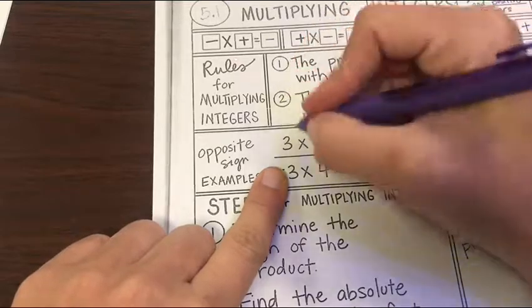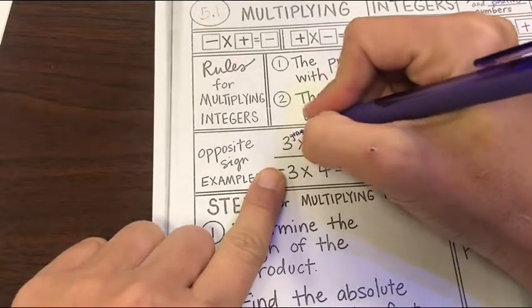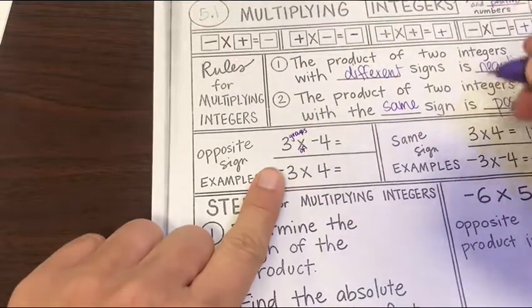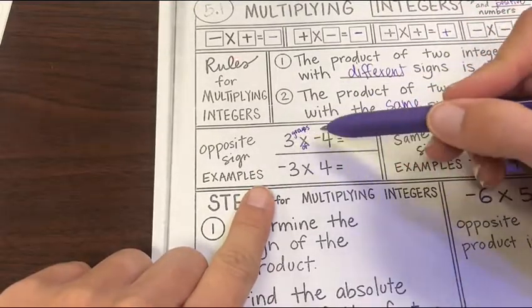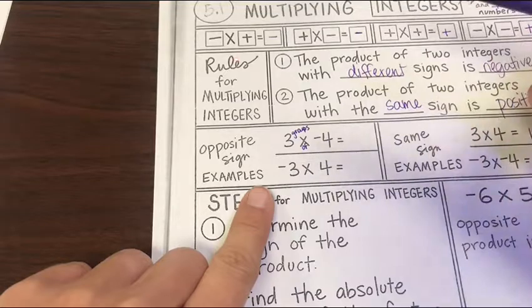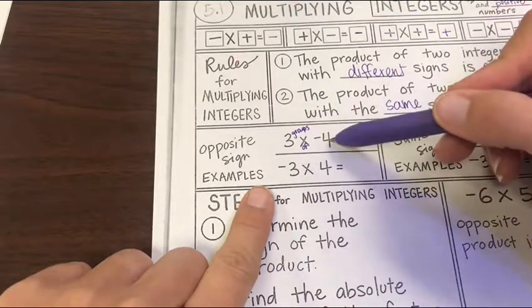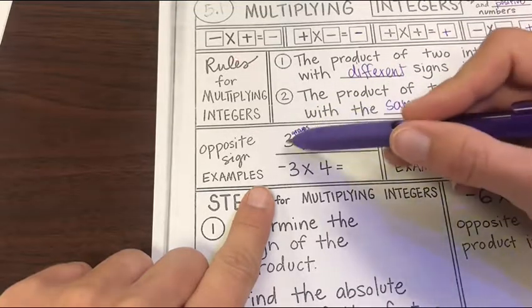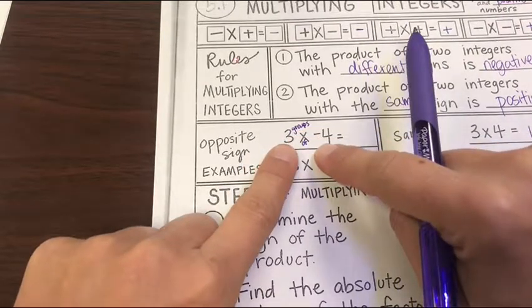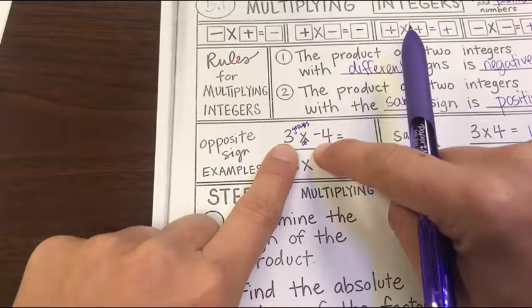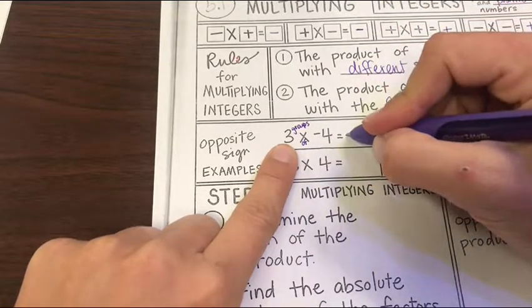So here we have 3 times negative 4. 3 groups of negative 4. This would be like saying negative 4 plus negative 4 plus negative 4. We have 3 groups of negative 4. So when you multiply, see this is a positive 3 and a negative 4. When your signs are different, think of relationships. They're very different, so they don't like the same things.